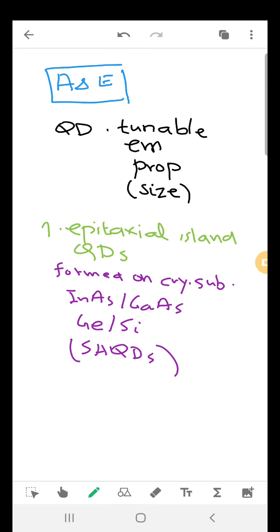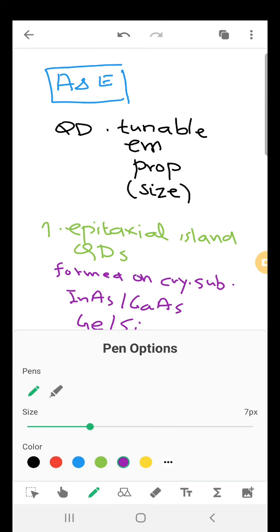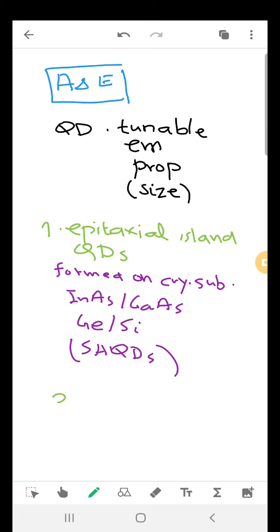And apart from that, we have another type of quantum dot called colloidal nanocrystal quantum dots.